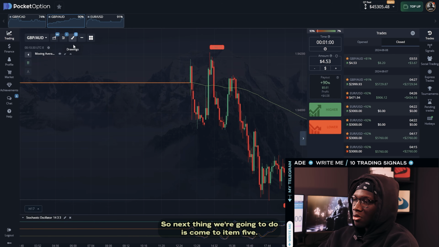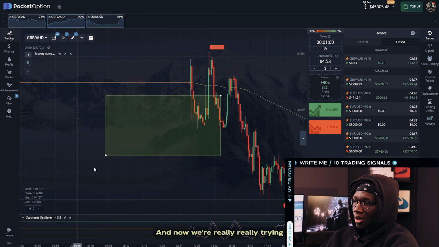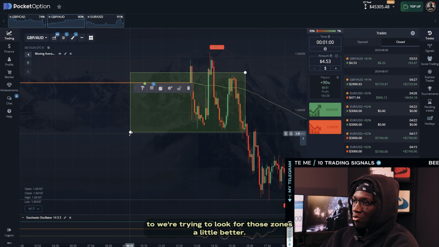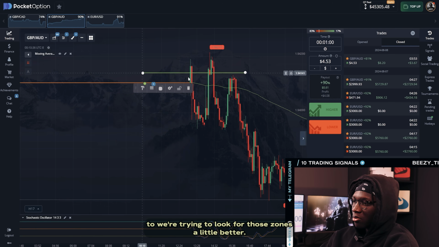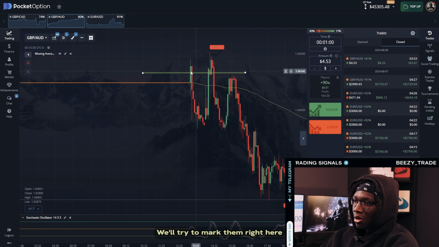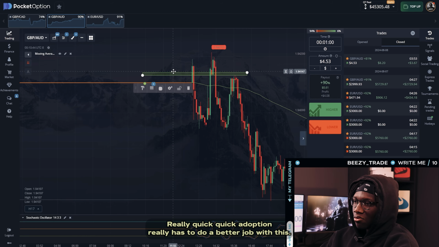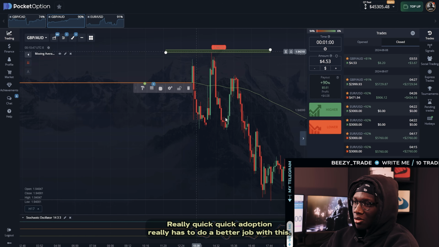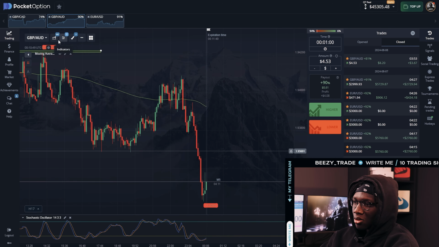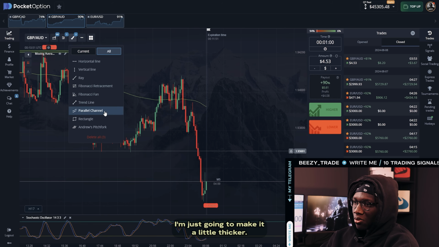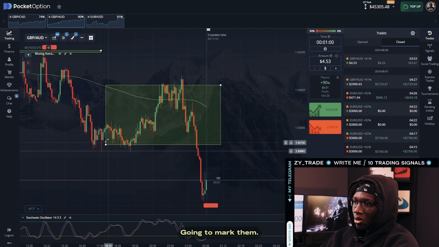Alright, so next thing we're going to do is come to our M5, and now we're really trying to look for those zones a little better, and we're trying to mark them right here. Can't really click. Quotex really has to do a better job with this. Okay, I'm just going to make it a little thicker. Going to mark them.